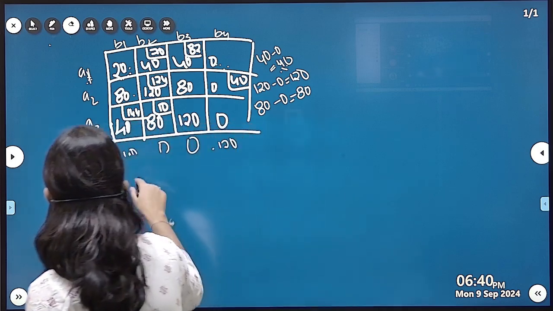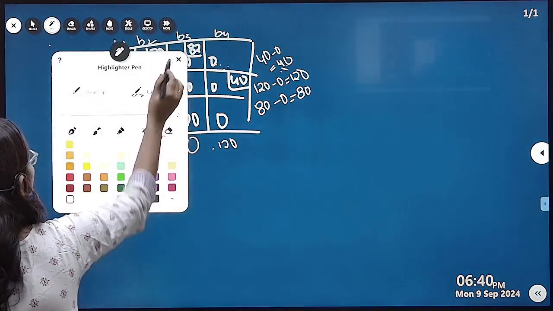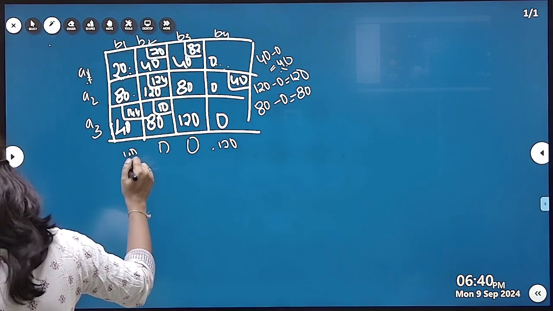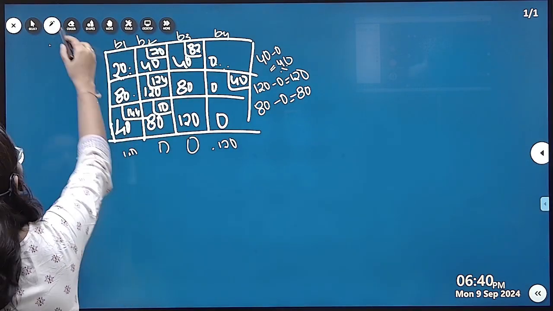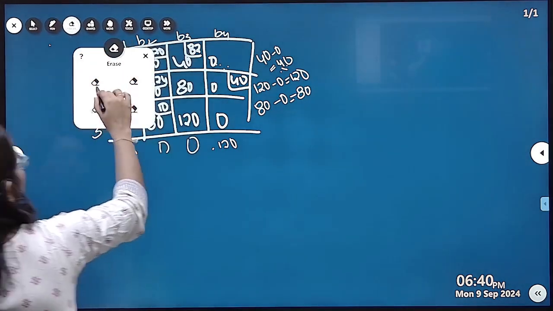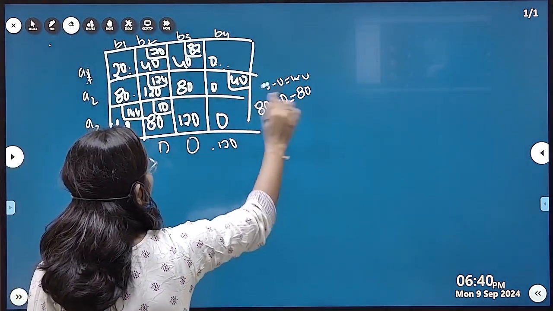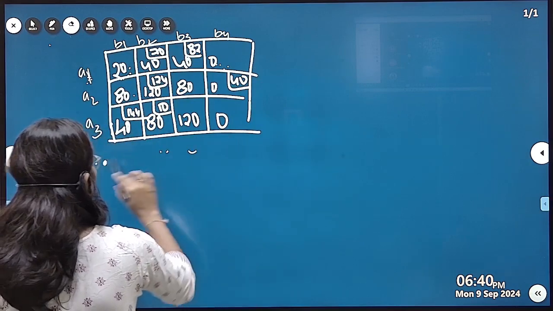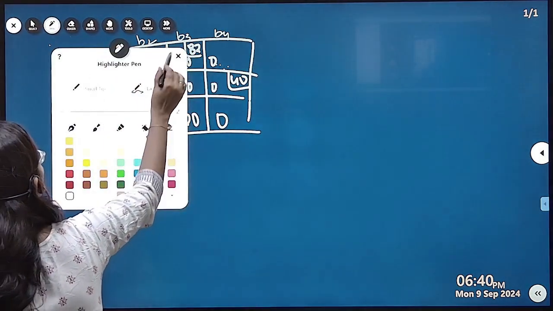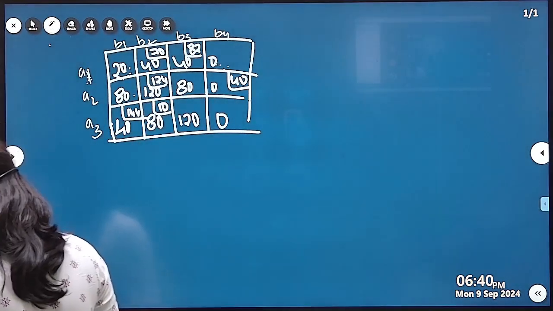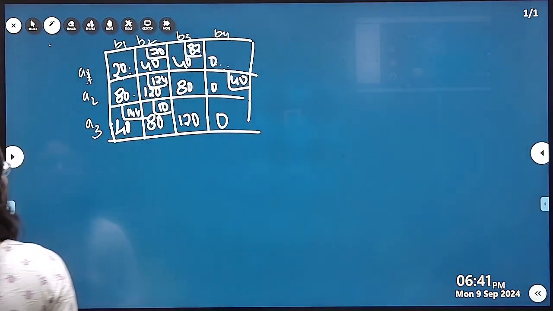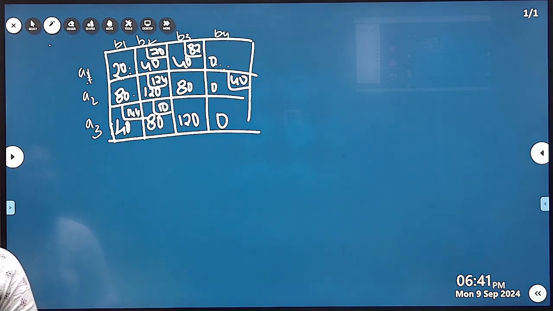So let us see. So this is 40, right? How much is it? Okay, we will erase this one. So what we need to do now, write down: degeneracy is required.